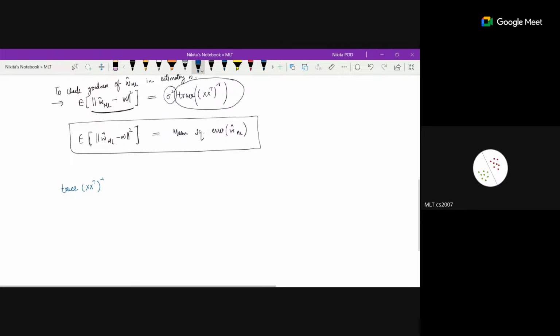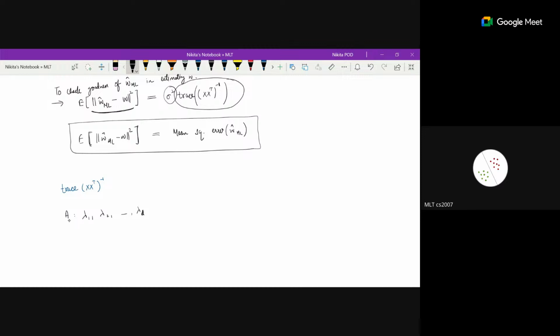Now, let's say you have some matrix A for which the eigenvalues are lambda 1, lambda 2, and so on till lambda d.